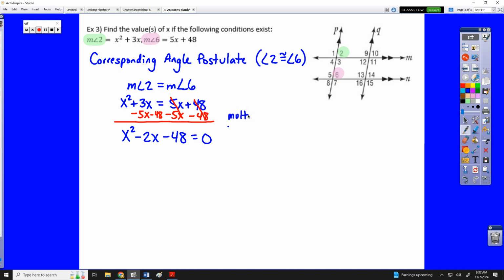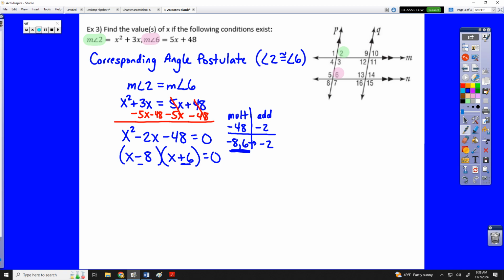Which means we're looking for a pair of numbers that multiplies to negative 48 and adds to negative 2, which would be negative 8 and positive 6. So this will factor into x minus 8 and x plus 6. Again, these numbers go into your parentheses. Once we have that factored form, the only way this expression can be true is if one of those two factors is equal to 0.